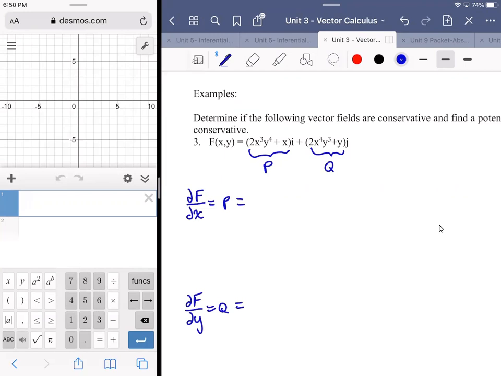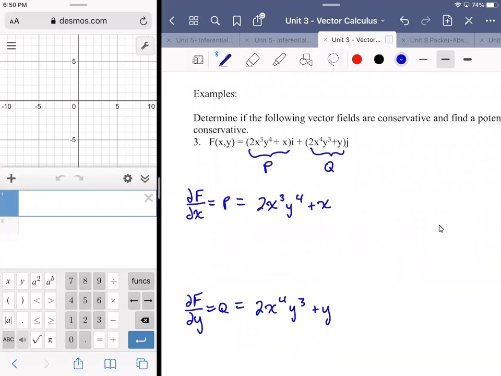We're going to need to have that information as we go forward, so I'm just jotting that down. So 2x cubed y to the 4th plus x, and 2x to the 4th y to the 3rd plus y. Those are 2 relevant functions.